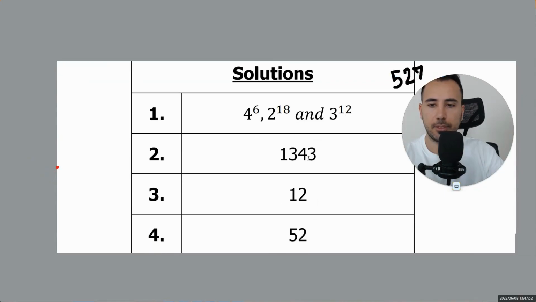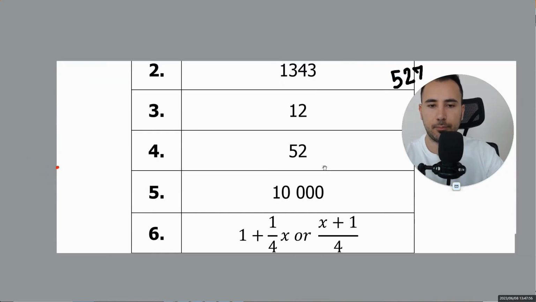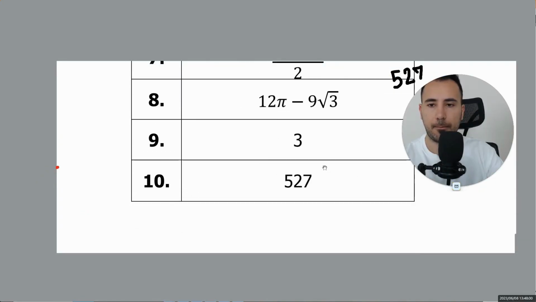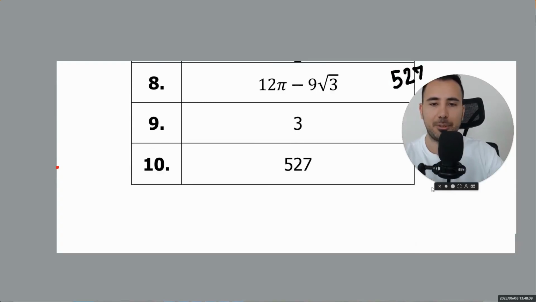All right, these are the solutions we had. Question 8, we didn't do. I'm going to do it, but this is the final answer in case you want to give it a try. So 3 and 527. That's the end of our video.